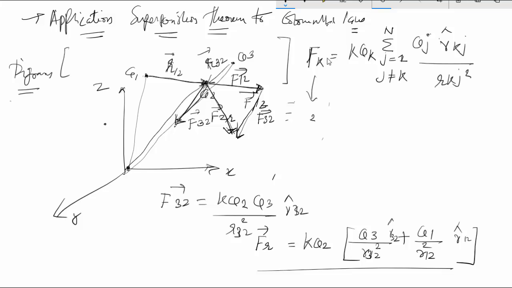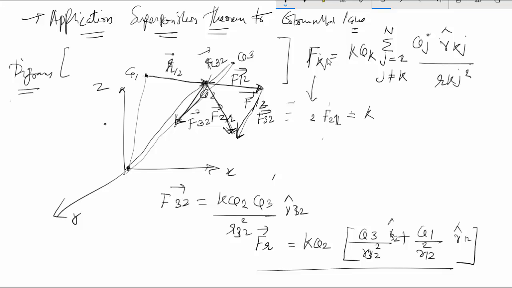Suppose my K is 2 there, so I want to find the force on Q2 due to Q1. So my J is 1 here, and J will never be equal to 2.